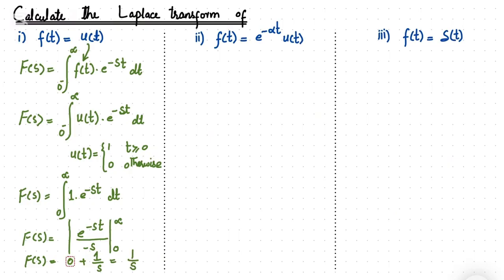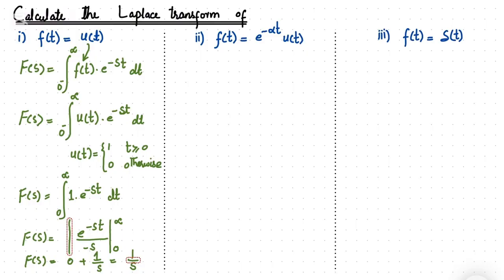So 1 over s. A very common function for which we need to calculate the Laplace transform is the unit step function, and I would encourage you all to remember that the Laplace transform of a unit step function is 1 over s.